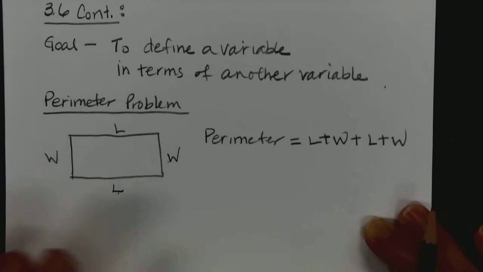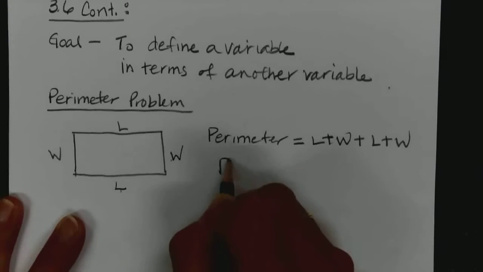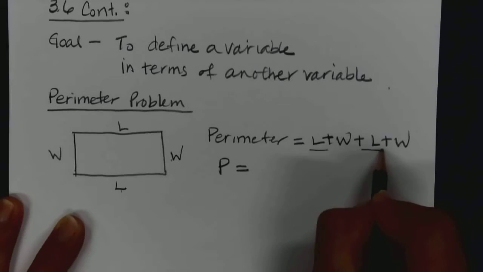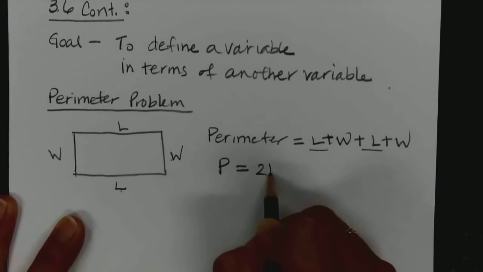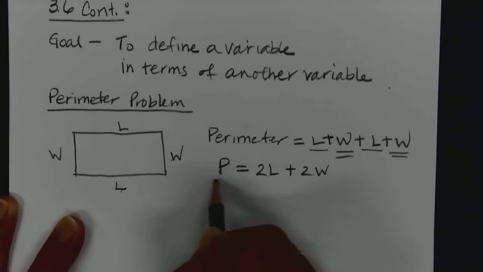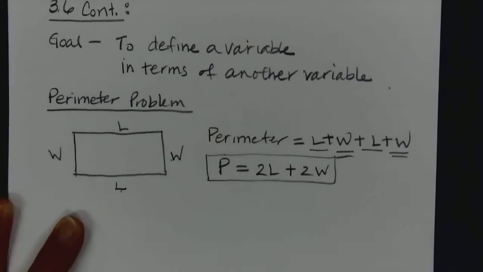Or I can simplify this and say the perimeter is equal to, there are two L's, 2L plus 2W. This is what we're going to be using for perimeter problems for rectangles, okay?